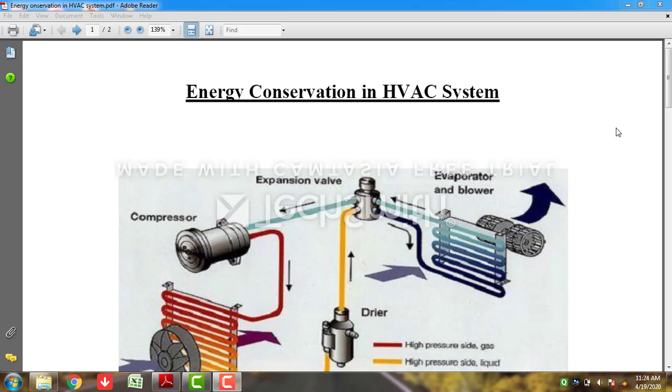Energy conservation means, in short, we are reducing waste, because whenever we use energy in many applications it is getting wasted, whether you know it or not. So we have to reduce this waste. That is our main priority in this condition.